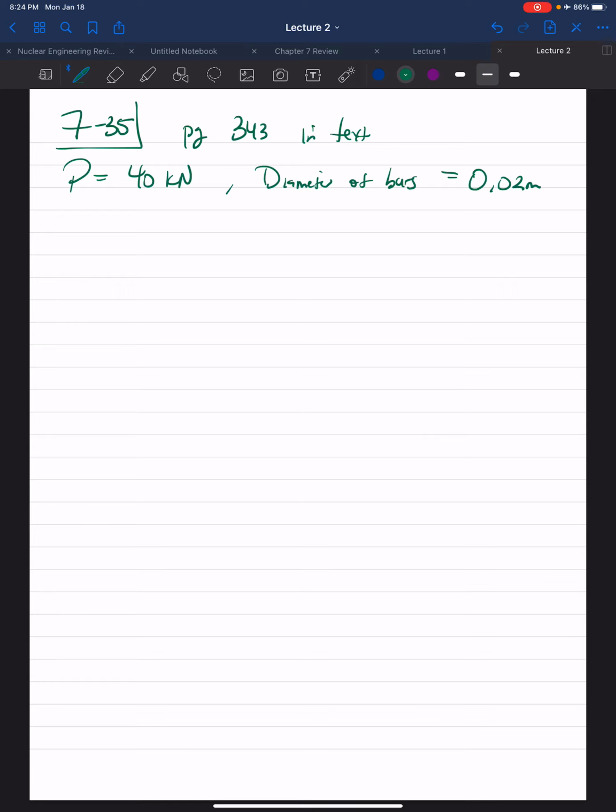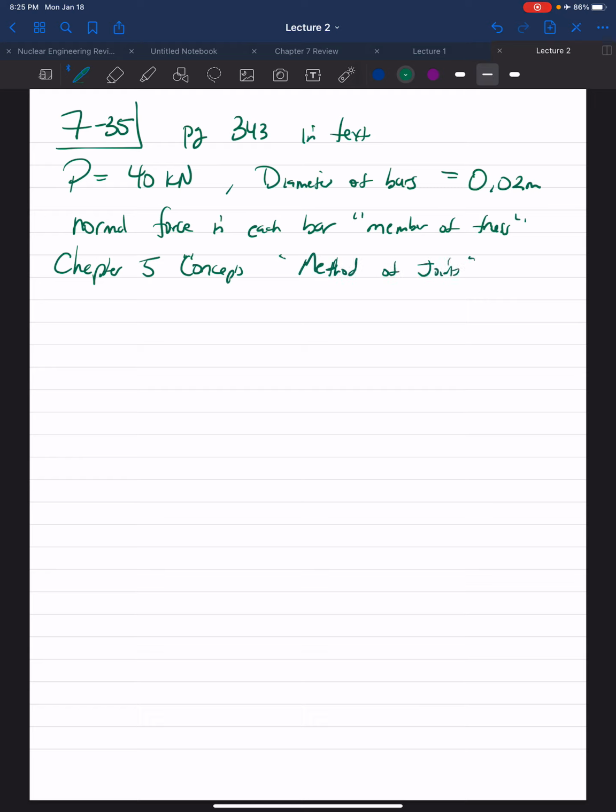So with normal stress, what we need to know is the normal force in each bar, or each member of the truss. So if we go back to using our chapter 5 concepts, our method of joints, we can find the force developed in each member of the truss.